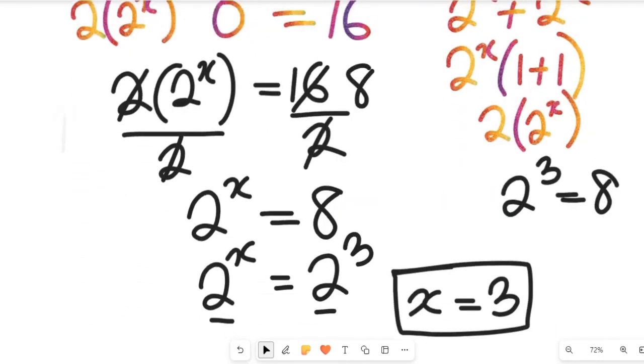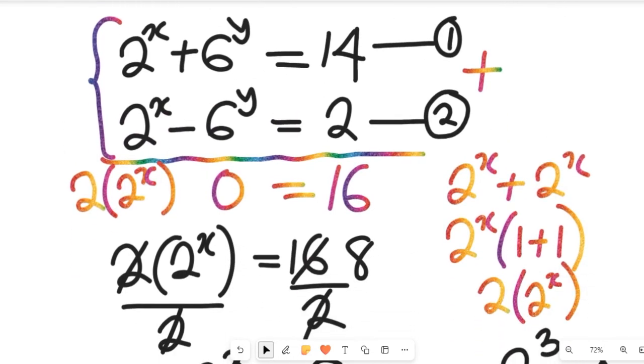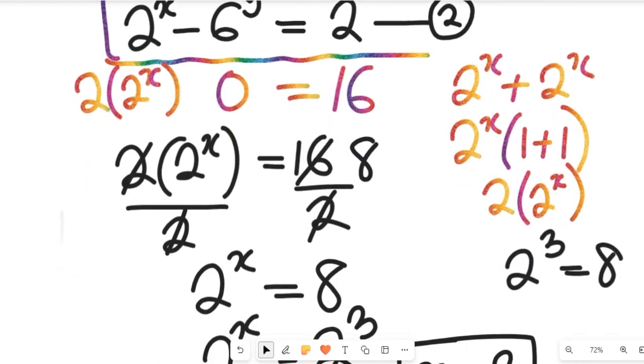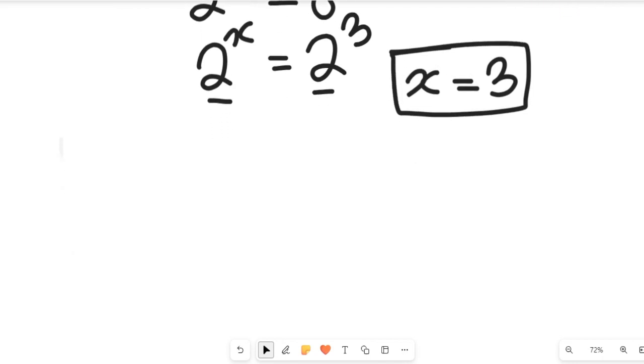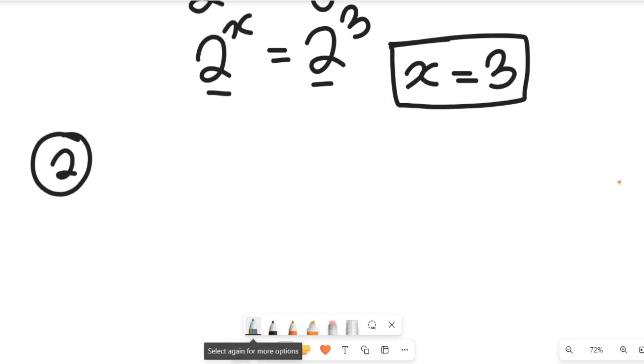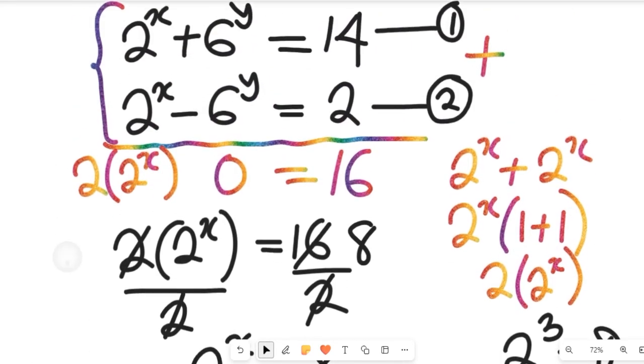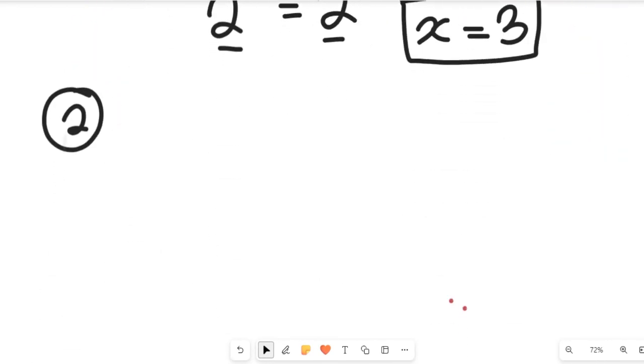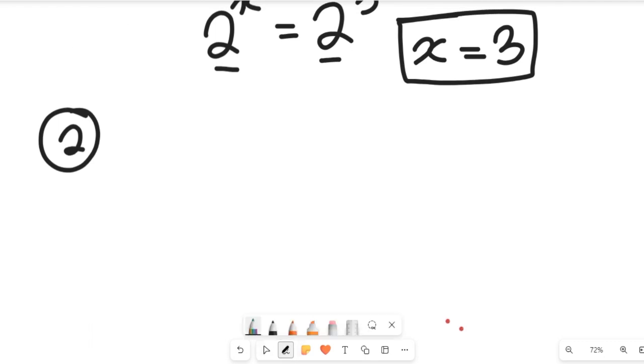The next thing is to look for how we'll find the value of y. Now to find the value of y, let's consider equation 2. You are given that 2 to the power of x minus 6 to the power of y is equal to 2.